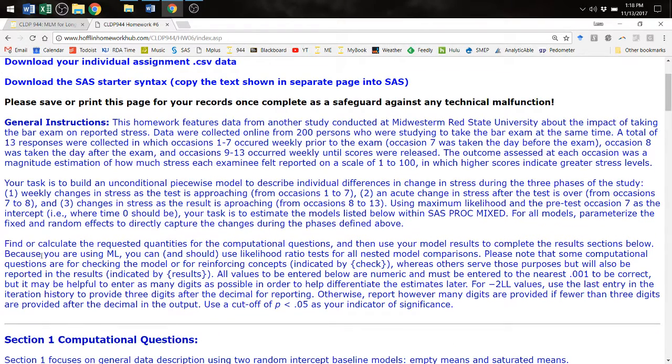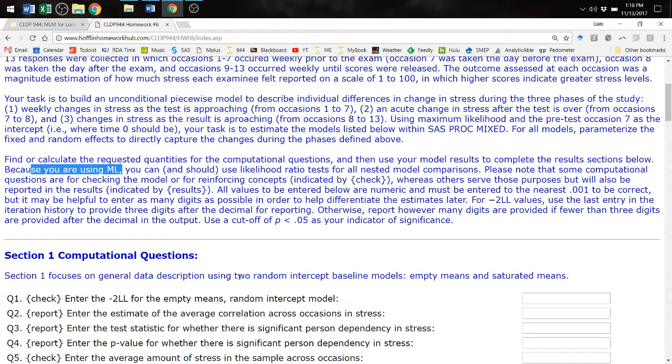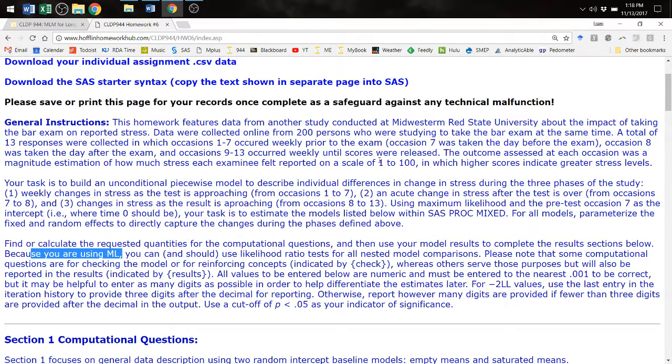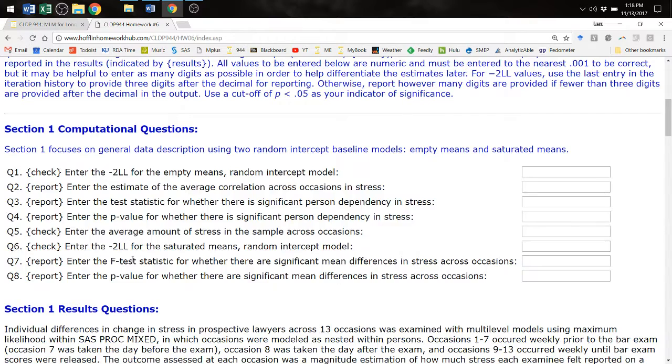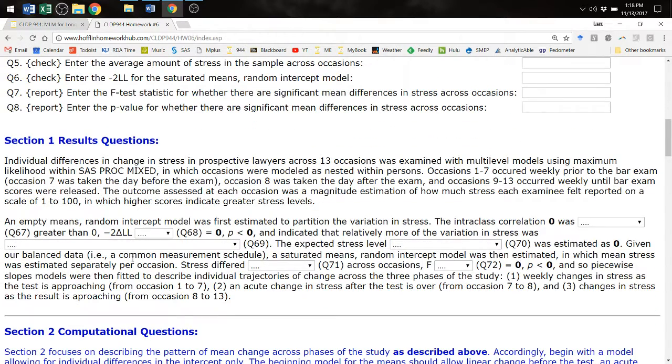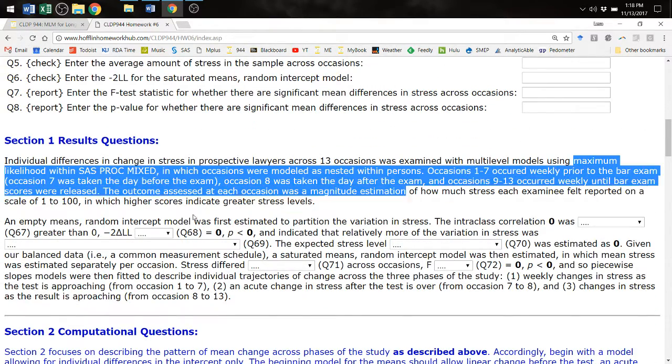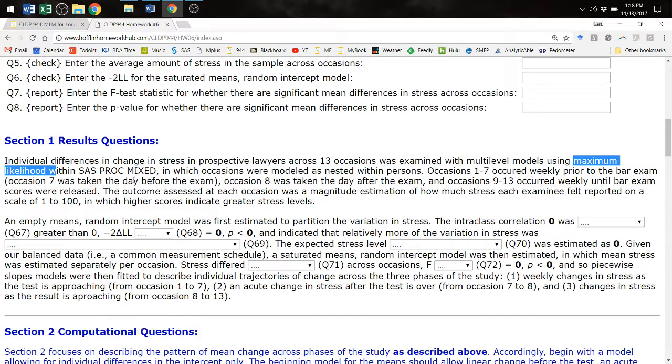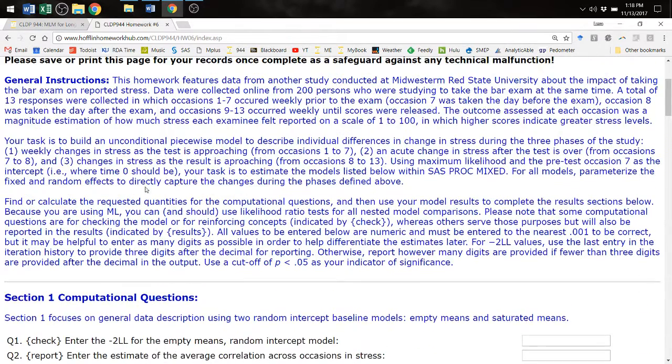Because you're using ML, did I not say it earlier? But yes, ML is what you're using. That way you can do likelihood ratio tests to do any of the model comparisons, mean side or variance side. I will fix this text to make sure it says that explicitly, but yes, ML. It says so in the results section, so I did remember to put it there. So there's that. Other questions?